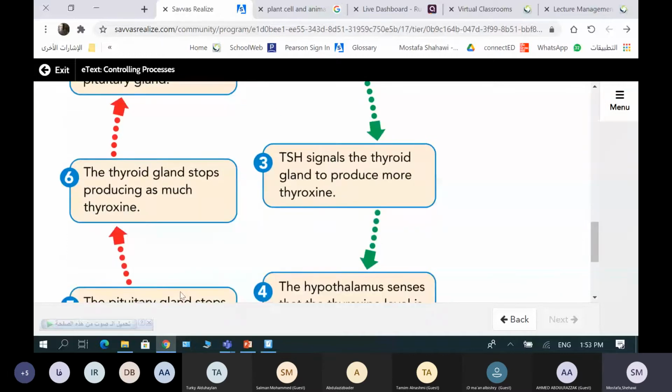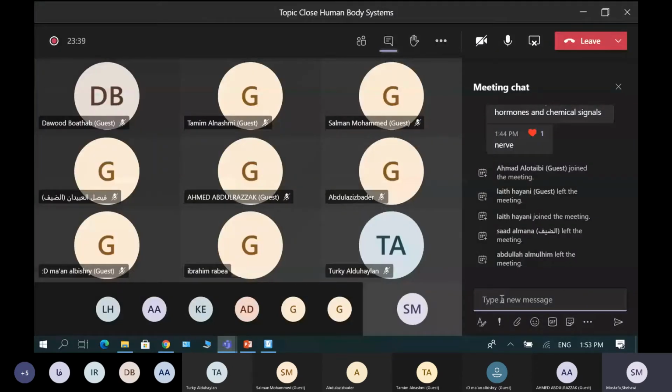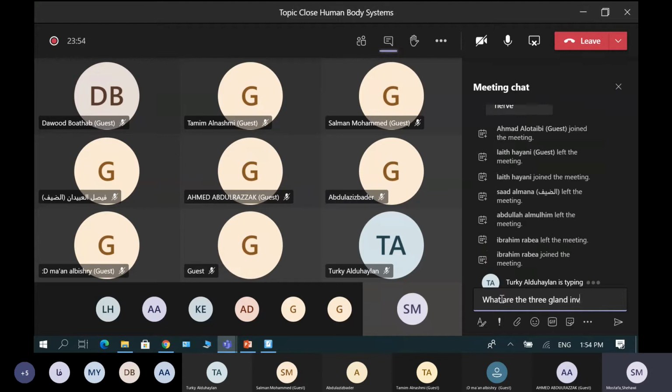What are the 3 glands? Type in the chat area, guys.